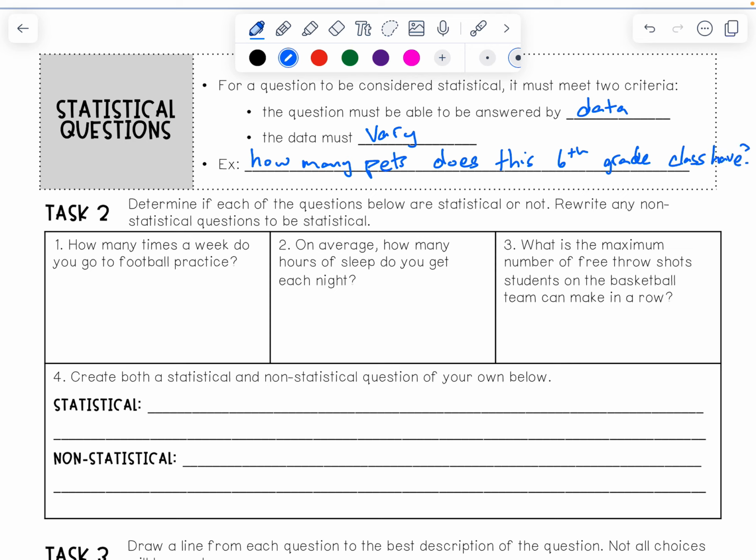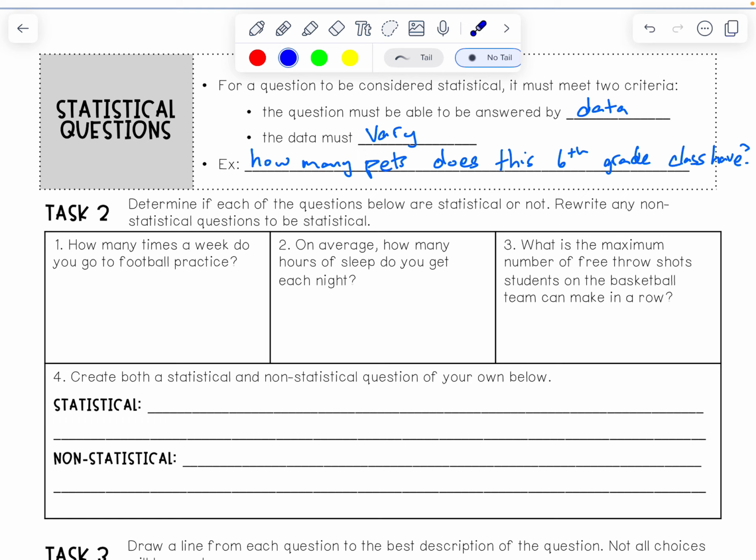When I ask how many pets, I mean how many pets do individual students in this class have? Because some may have 0 pets, some may have 1 or 2 or 5 or 10 or maybe even 20 pets. So that's statistical because you can answer that by data including how many pets each student has, and the data does vary. It's not like everyone has 2 pets or everyone has 5 pets.